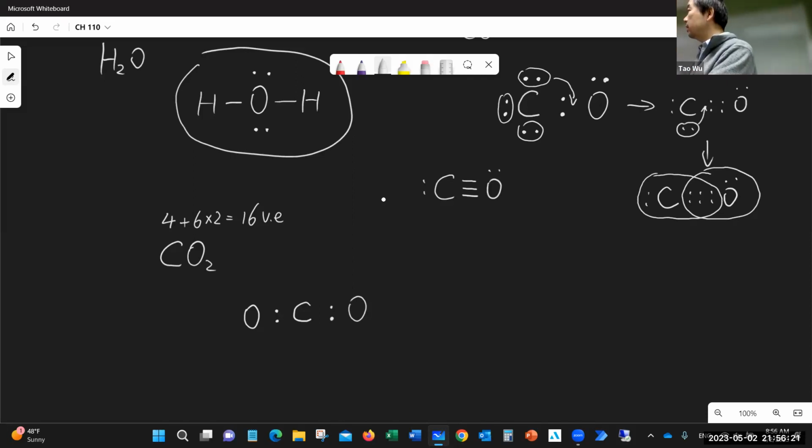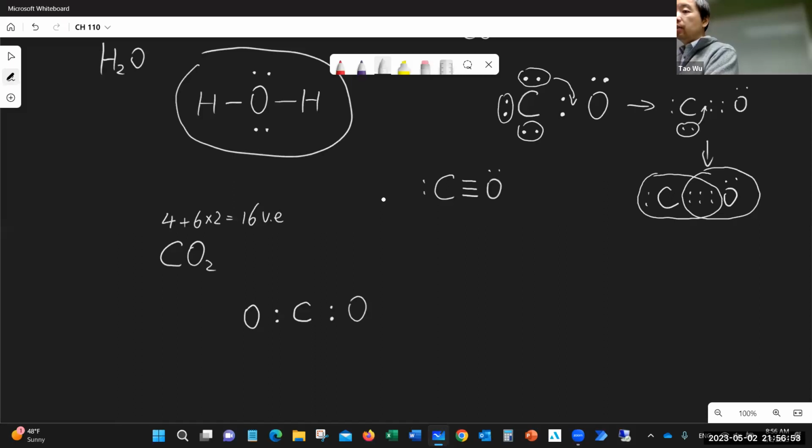So assign all the electrons for the side atoms first, and make sure the side atoms follow the octet. So that means first we have 16 electrons. We're using 4. Now we're going to assign the rest of those electrons. Where we gonna start? We're going to start from the side atoms. So we're going to fill the side atoms as an octet first. So this is a rule, very, very important.